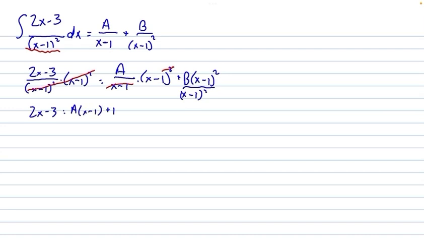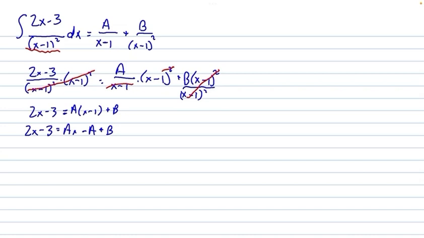And over here, both of them are going to cancel, so we're just left with B. Now the difference from the last problems, where we would plug in one of the zeros and then solve for A and then solve for B, is that this requires us to do something a little bit different. So we're going to say 2x minus 3 equals Ax minus A plus B.